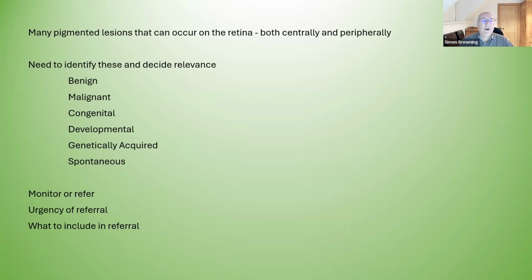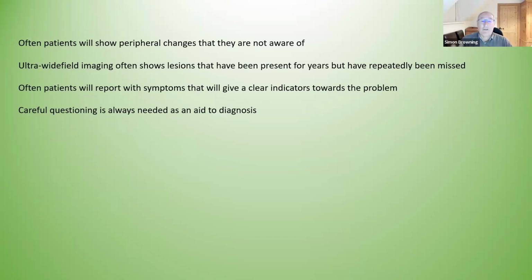So often, I think more often than not, patients will show peripheral lesions and they're aware of them. And as I say, ultra wide field imaging often shows these lesions have been present for many years, but have been repeatedly missed. Sometimes, rather beautifully, the patient will report with symptoms, and they will give us clear indicators towards what it is we're looking at.